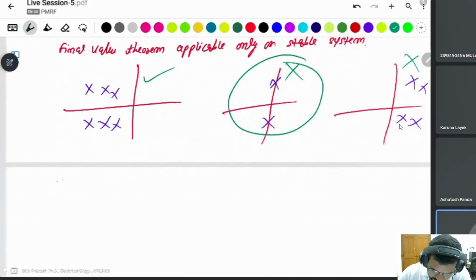Suppose I have an example like that, X(s) is equal to 1 divided by s square plus 1.